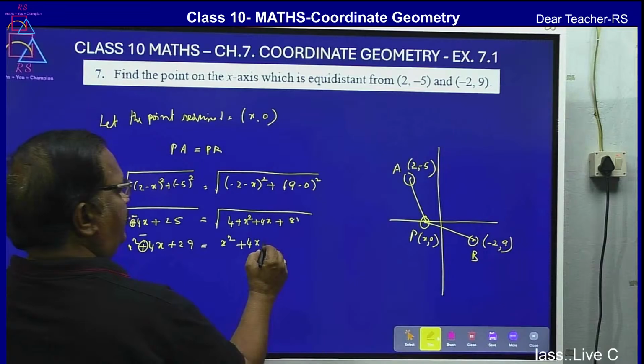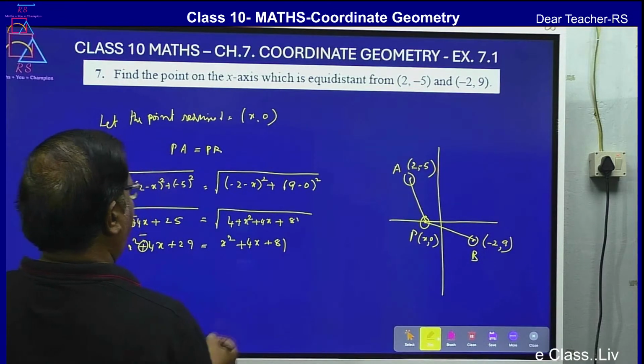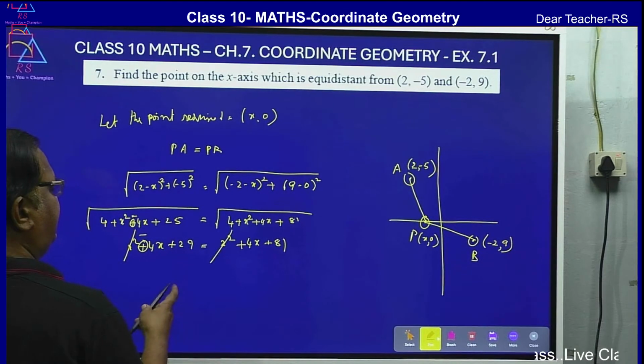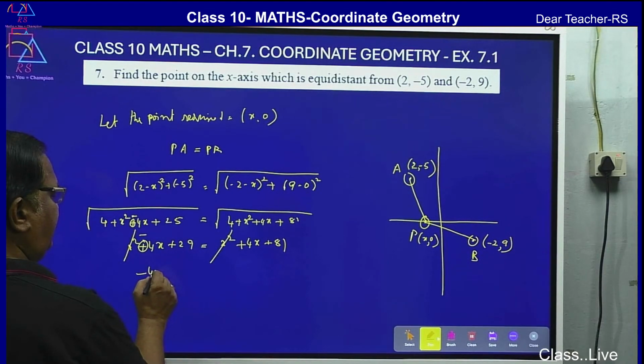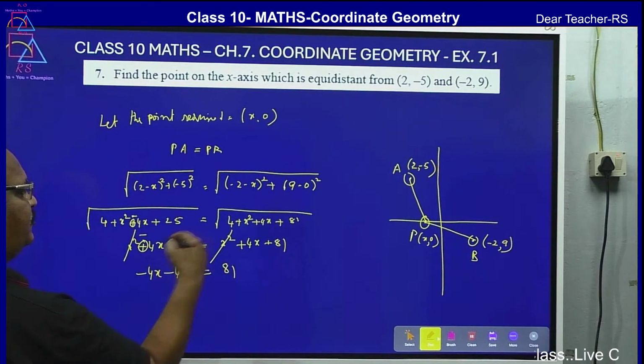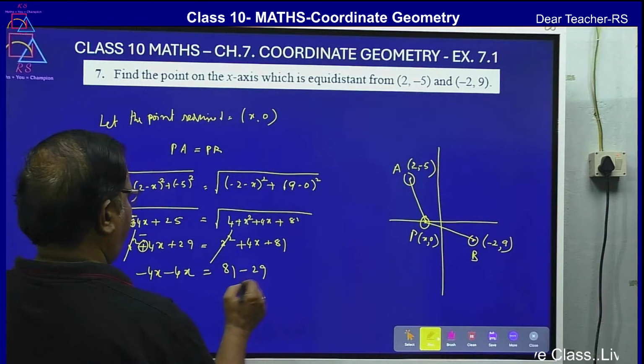Now both sides x square is there, so x square will get cancelled. So here minus 4x and this 4x come to this side, minus 8x is equal to 81 minus 29.